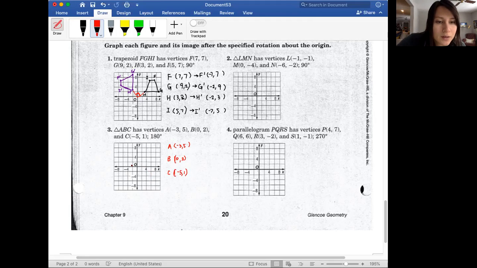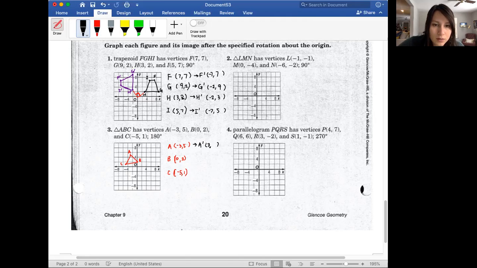So negative 3, 5, 0, 2, negative 5, 1. Okay, there's my triangle. It's going through a 180-degree rotation. So when I do this transformation, 180 degrees says that my x and y simply become opposites of each other.